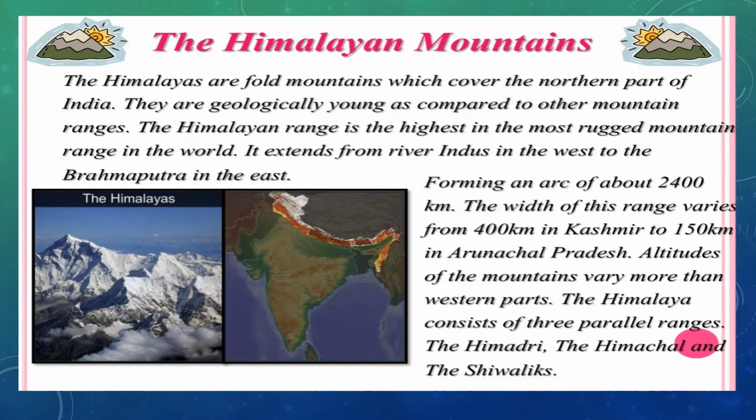So if you could quickly see the map in front of you, river Indus in the west, over here, to river Brahmaputra in the east. All of it is the Himalayan range, forming an arc of about 2400 kilometers. This is the arc that it is forming.